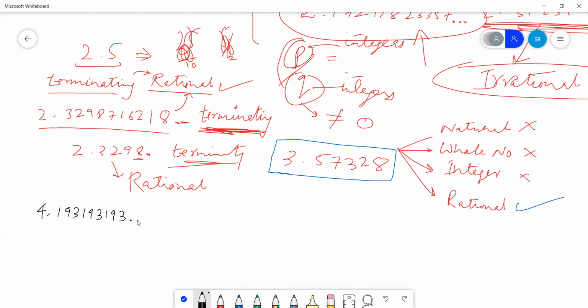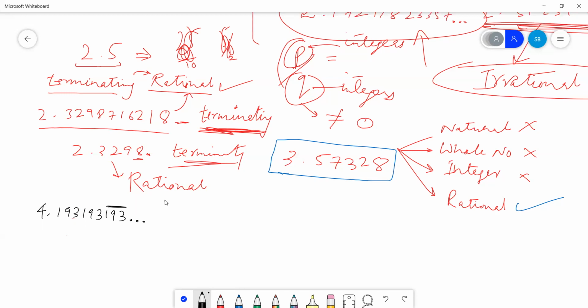4.193193193 and so on. This 193 is getting repeated. That's why I'm putting a bar on 193. Is it terminating or non-terminating? Non-terminating. But is it recurring or non-recurring? Recurring.